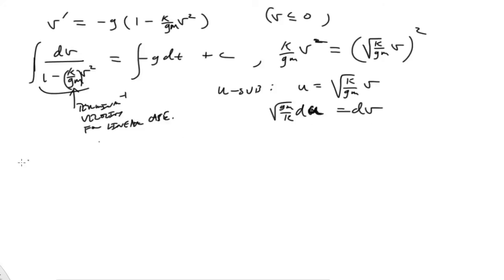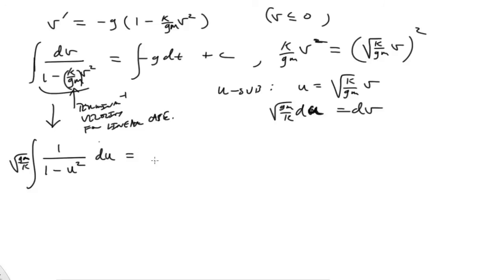So now I can do this u substitution. We get to this point of root gm over k, which is the square root of the terminal velocity of the linear case, times 1 over 1 minus u squared, and then we have our du. All right, so that's what we get for our integral.